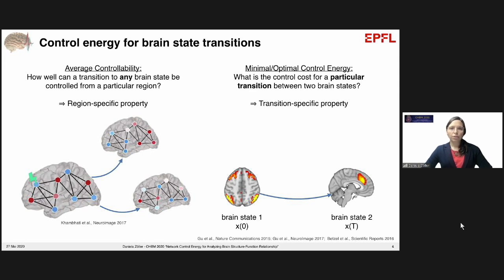What we used here is a slightly different approach where we look at the transition between particular states. So through the calculation of minimal control energy, the network control theory framework allows us to see how, given control input at some brain nodes, at some brain regions, how much energy a brain state transition would require.